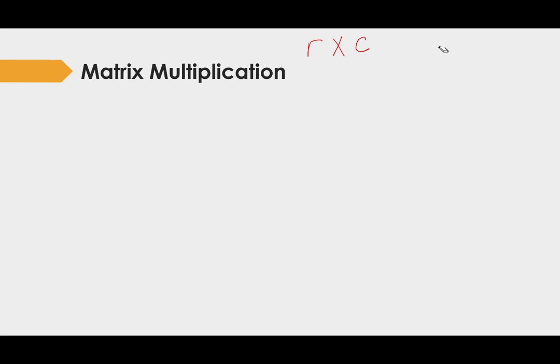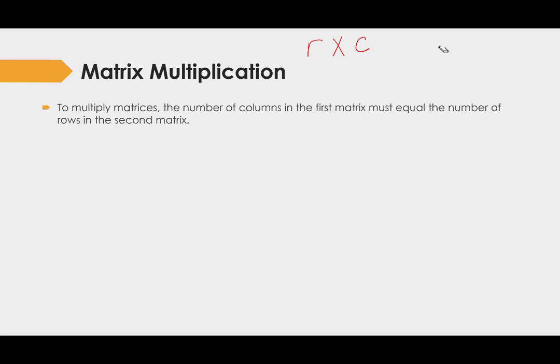In order to multiply two matrices, you need to have this be true. The number of columns in the first matrix must equal the number of rows in the second matrix. So let me give you an example.